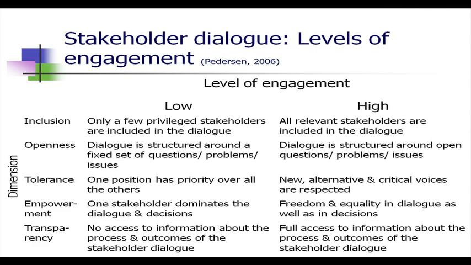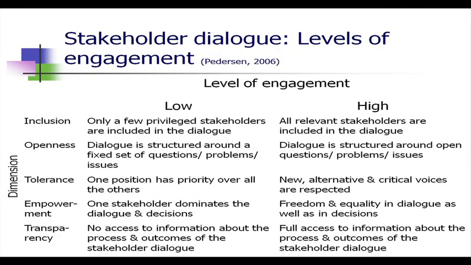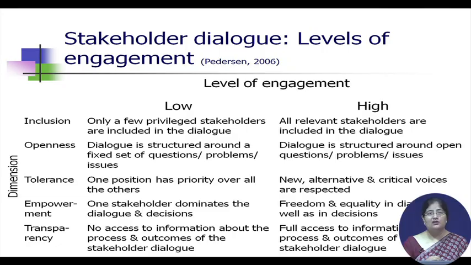Okay, stakeholder dialogue. Now, various levels of engagement take place in stakeholder dialogue. How do we engage with stakeholders? Pedersen has given us a very interesting account of how we engage in dialogue with stakeholders. Here are the dimensions on the left side.